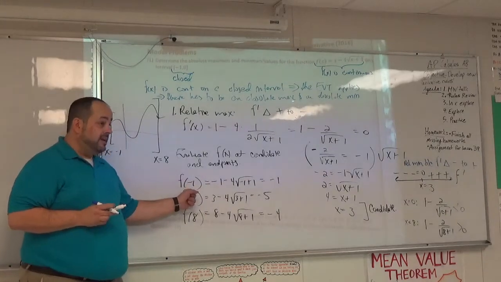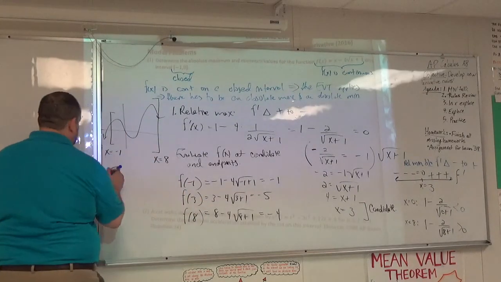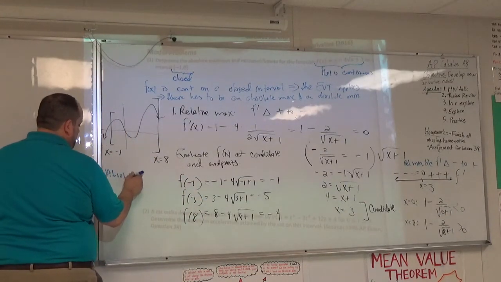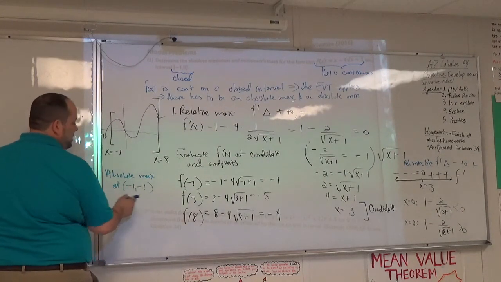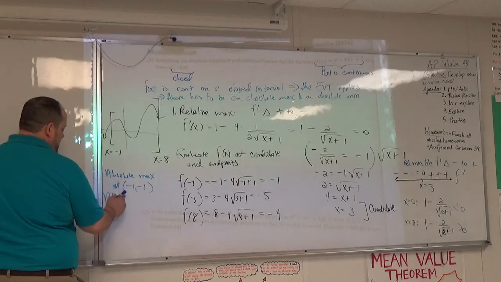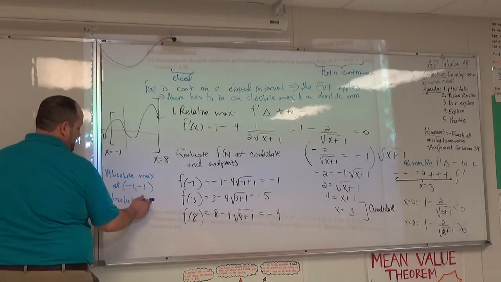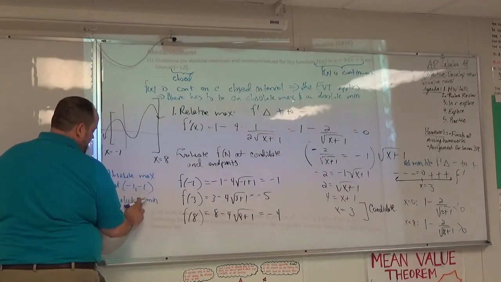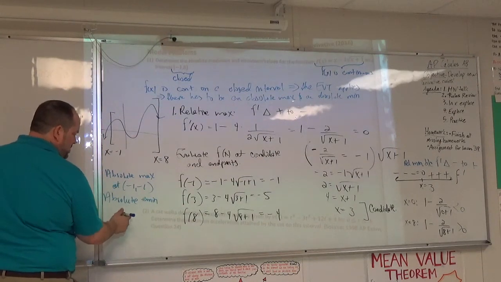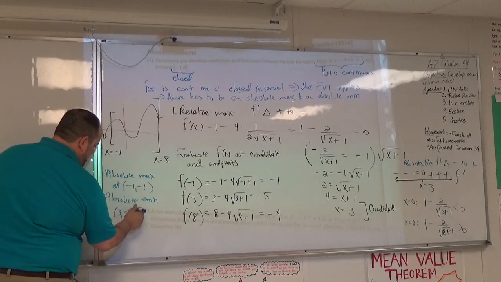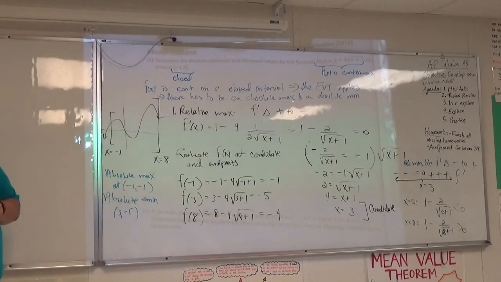At x equals -1. So what I would say is that the absolute max is -1 at -1, and I need an absolute minimum. The absolute minimum happened at where? It happened at 3, and the value is -5.